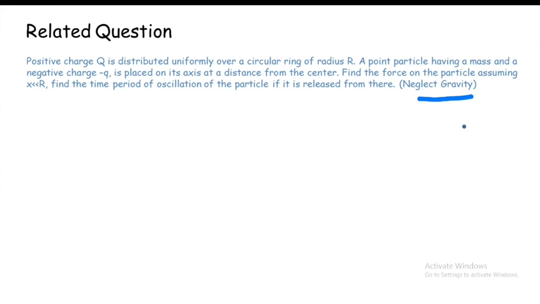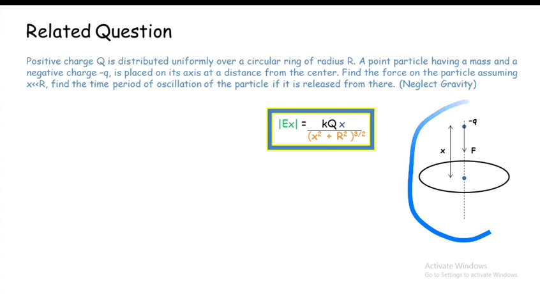So if we try to draw the statement, then it will look like this thing. This is our circle or circular ring of radius r, and x distance from the center, there is a negative charge here having mass m, and force due to this negative charge will be in this direction, as this is of q charge.